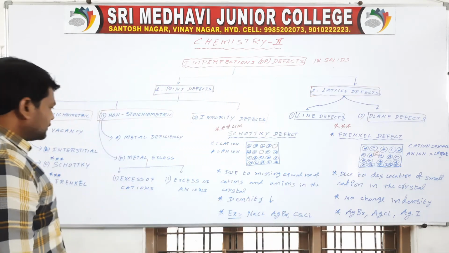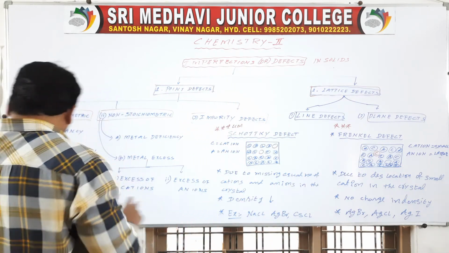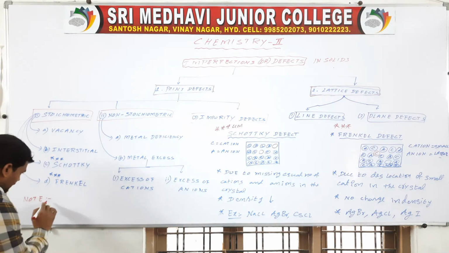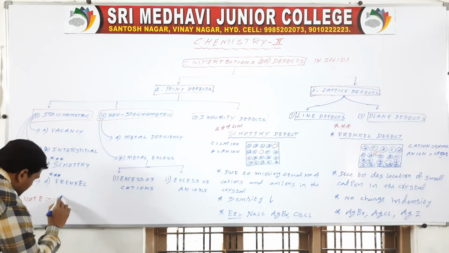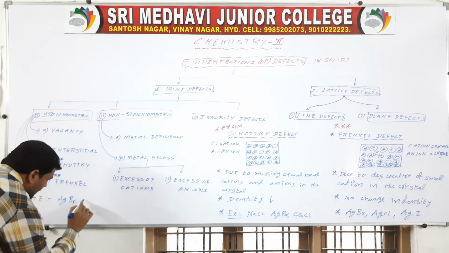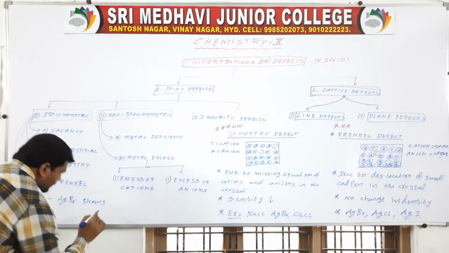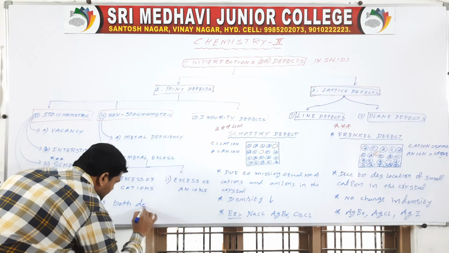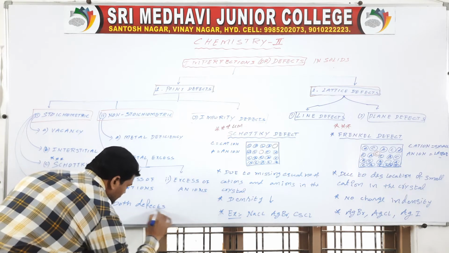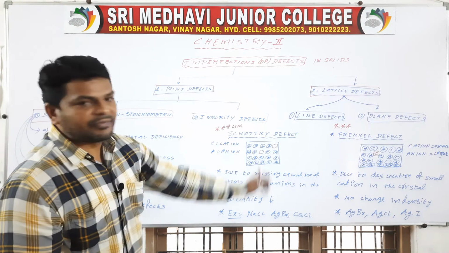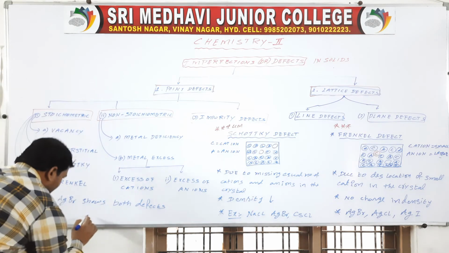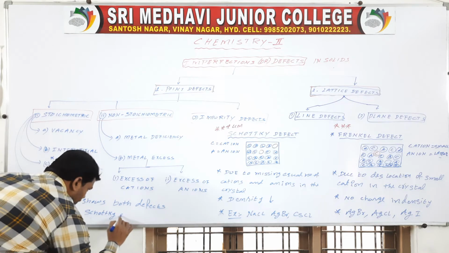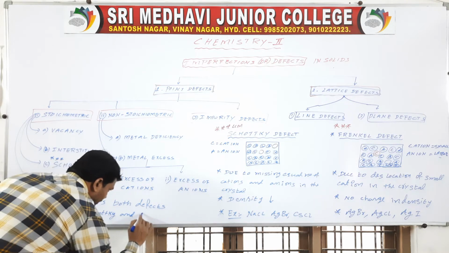Here you have to know a very important note: AgBr shows both defects, Schottky and Frenkel.